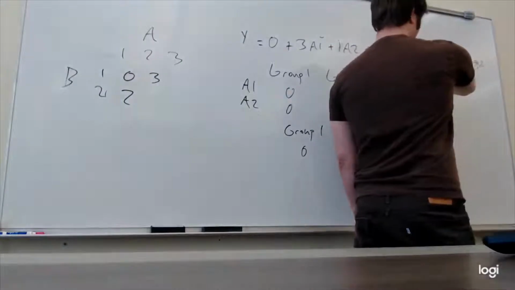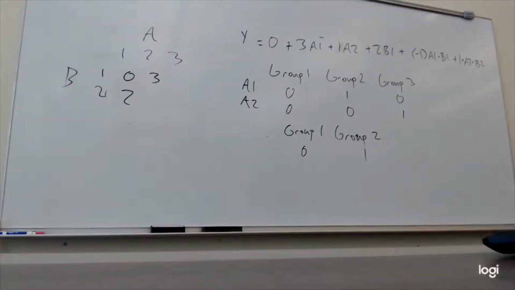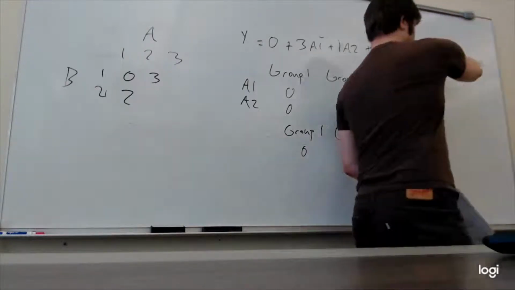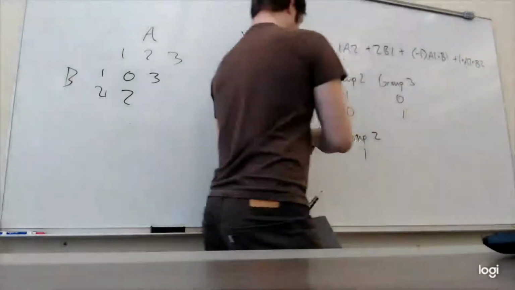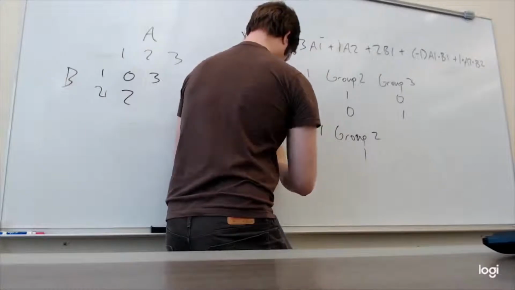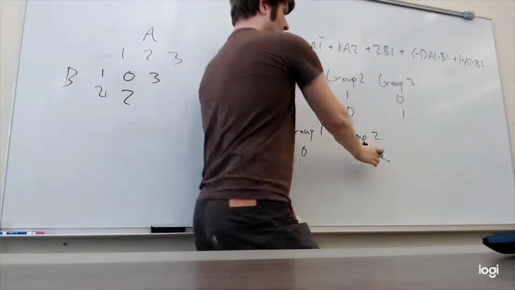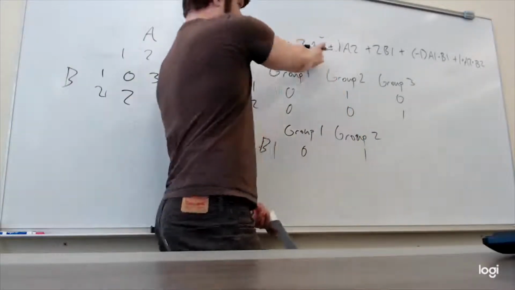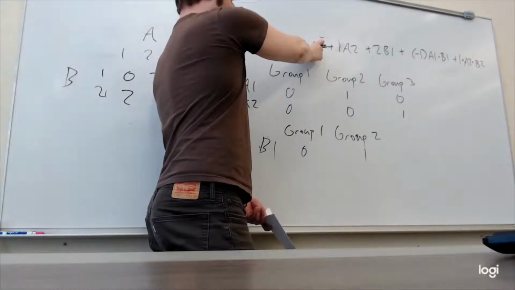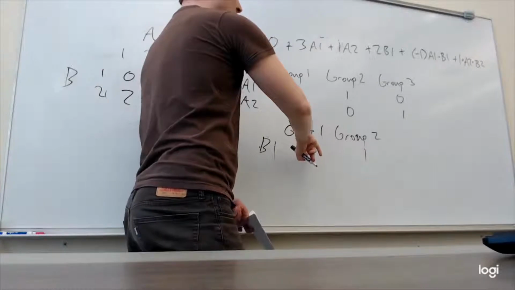So one way of thinking about this -1 right here is that it tells me what happens to the coefficient for A1 as I go from group 1 of P to group 2 of P. The coefficient for A1 right now at group 1 of P is 3.